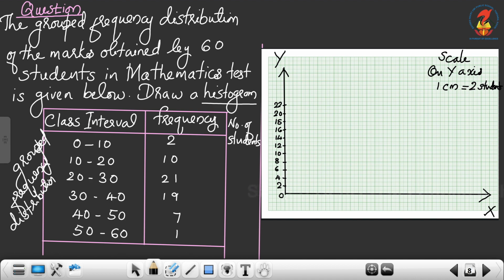Now the class intervals: 0 to 10, here we have 0, then 10 we can mark here. Then next is 10 to 20, then 30, 40, 50. 40 to 50, then next is 50 to 60.